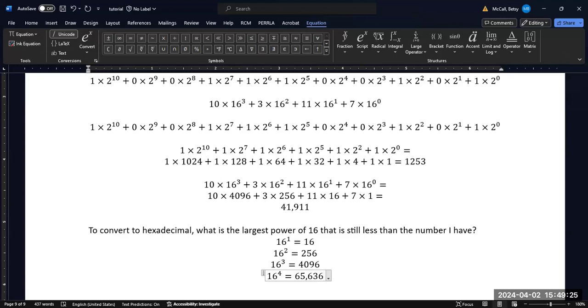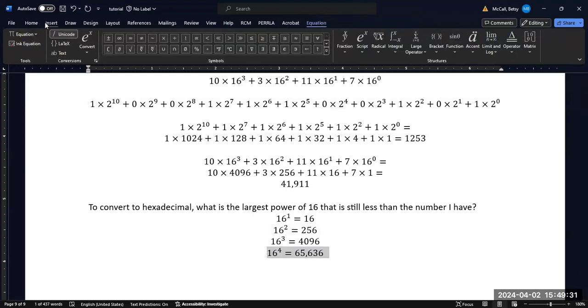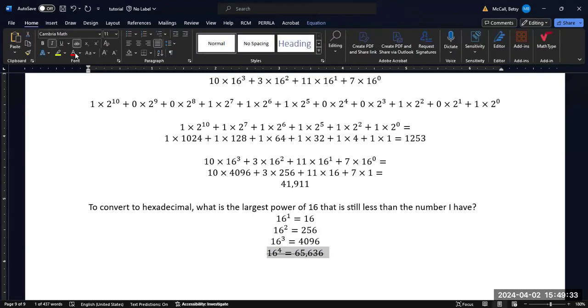That is bigger than the number we are trying to convert. So we don't want this one. So I'm going to strike that one out. So the 4,096 is the biggest power of 16 that is still less than our number. So what we need to do is divide by the biggest power of 16.